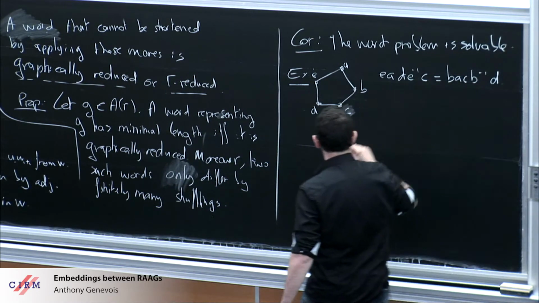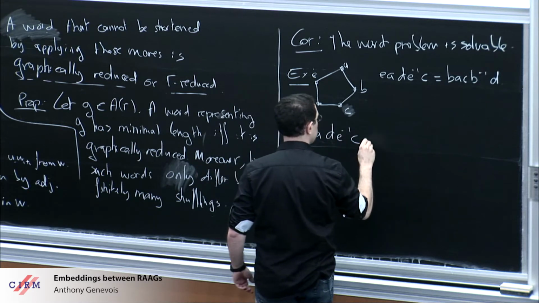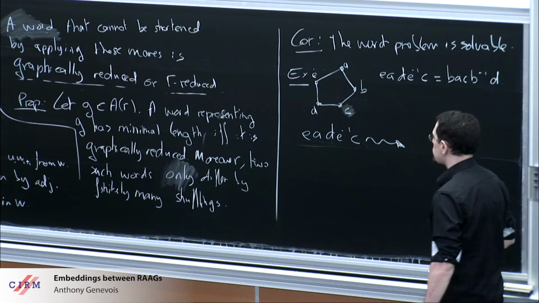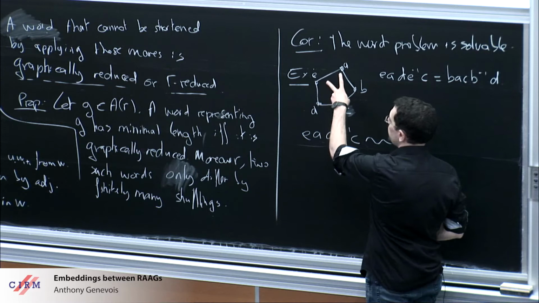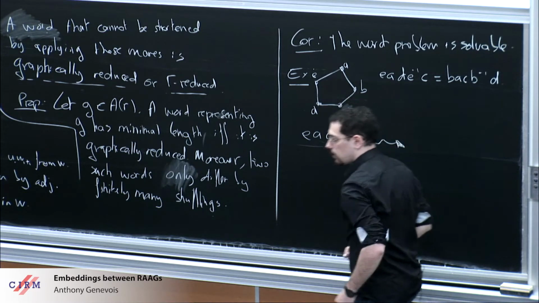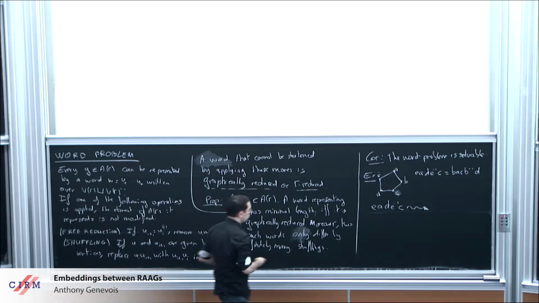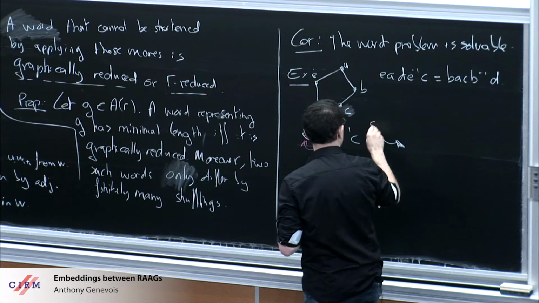Okay, so let's consider this example. E A D E^{-1} C. What I can do is switch E and A, because E and A are adjacent vertices. So it's just a shuffling.